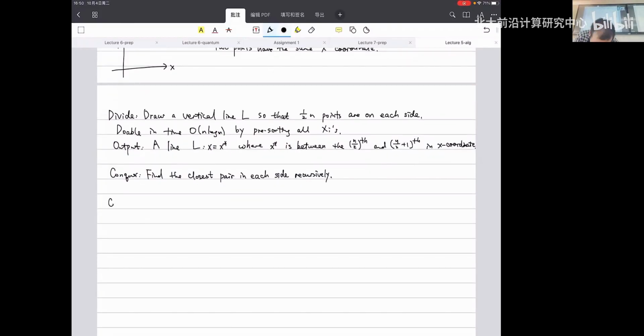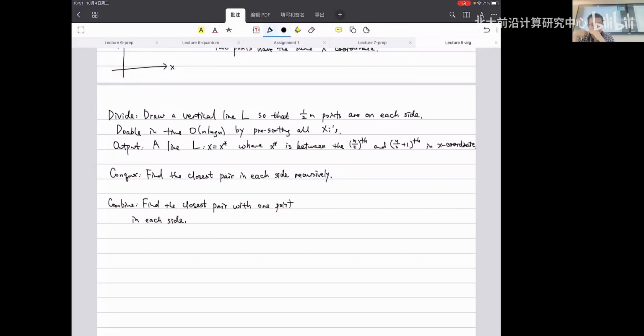And the combine part is, of course, we need a good strategy to combine the left part and the right part with 1 point in each side. Basically, to figure this out, we just need to find the closest pair of points between left and right. It's equivalent to the problem of finding the closest pair with 1 point in each side.